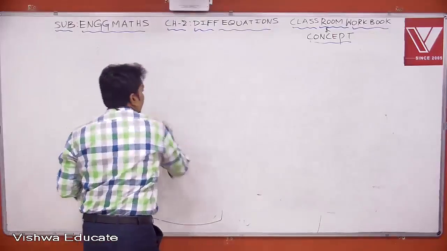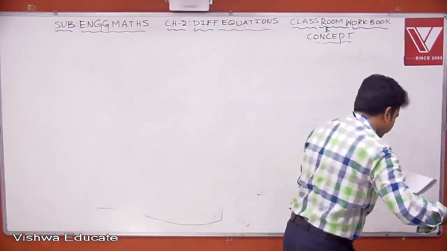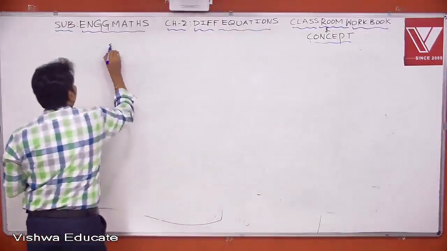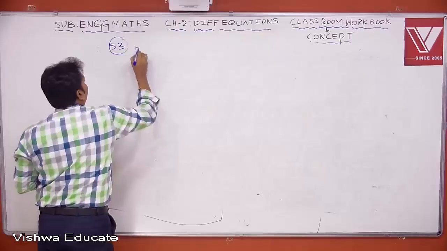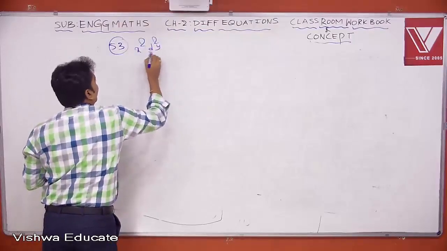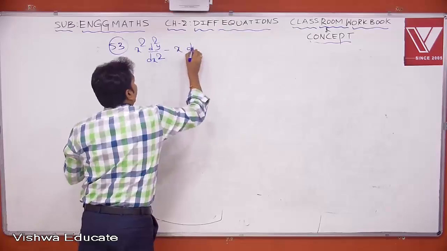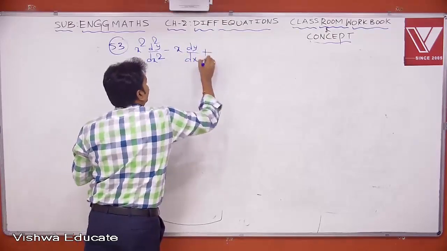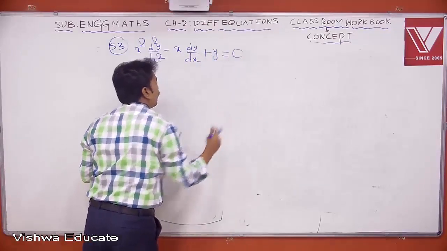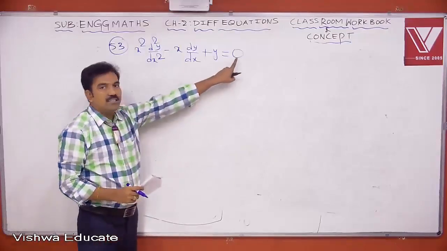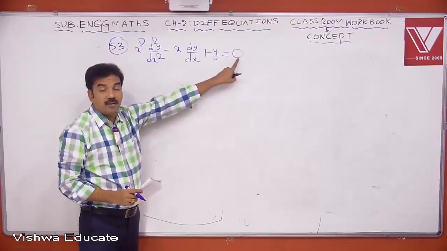The equation is x square d square y by dx square minus x dy by dx plus y equal to 0. We need to find the general solution of this equation. See, the right side is 0, so we need not find the particular integral.